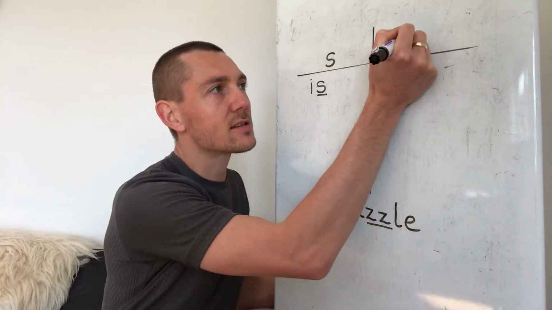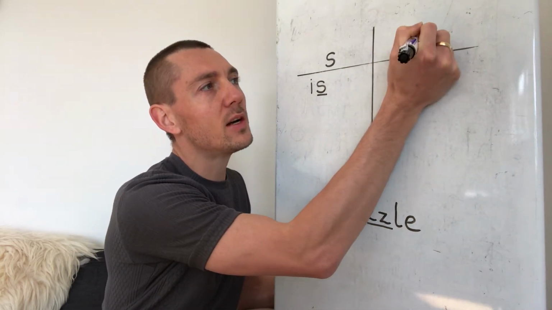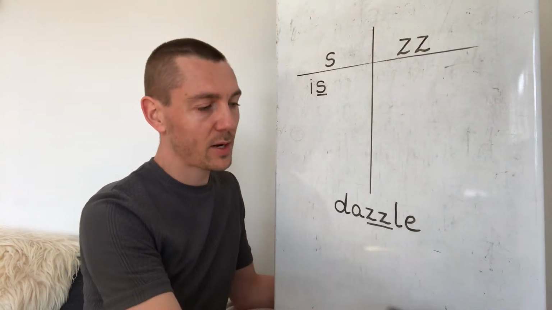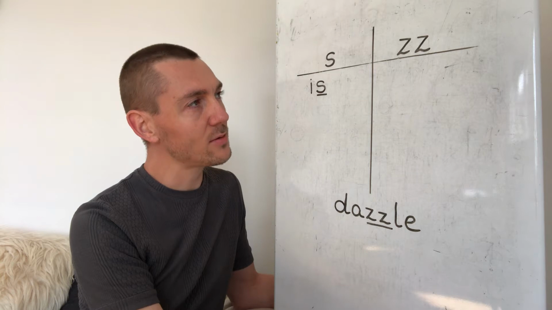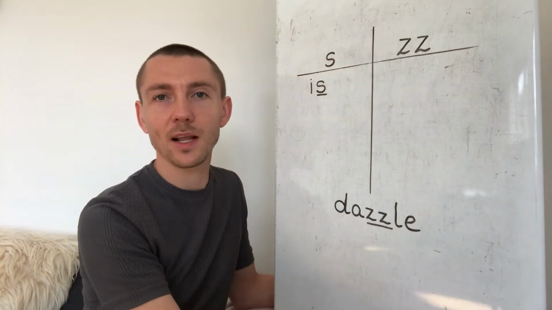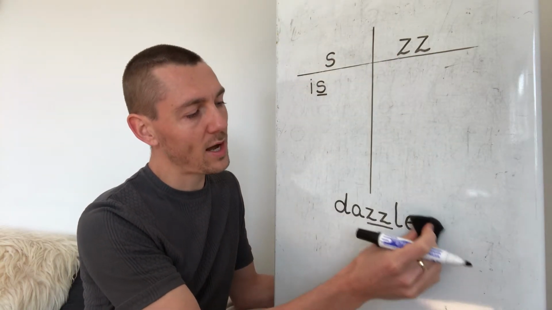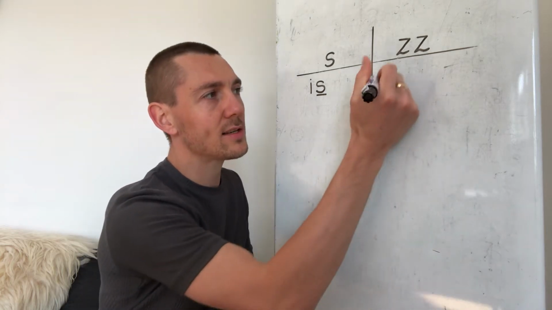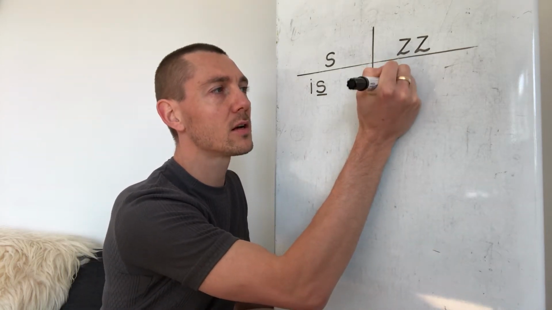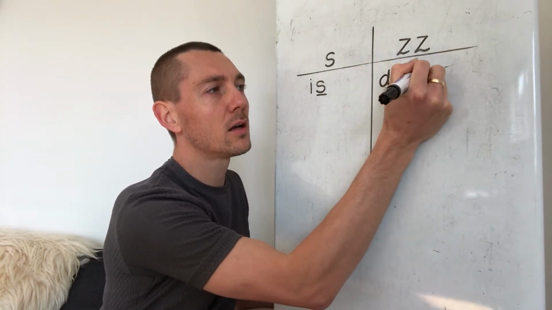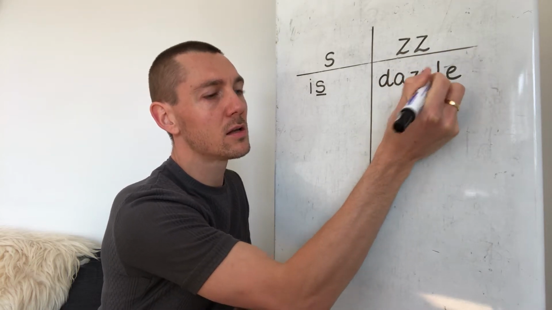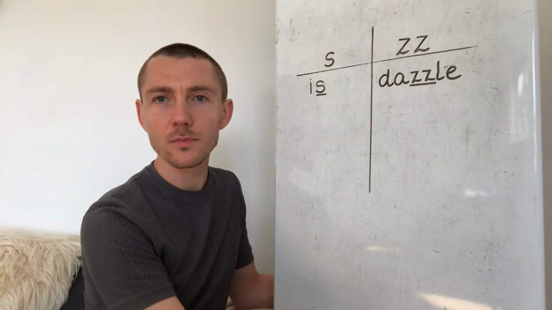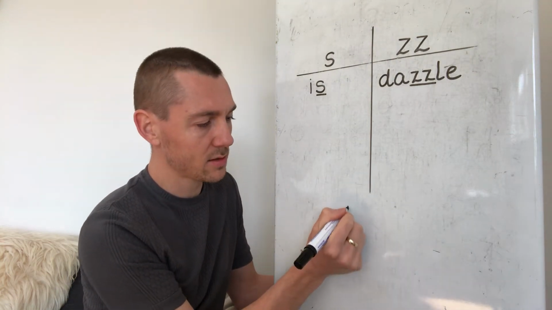So that's our second section. So for every word, we're just going to see if we can identify that Z sound spelling, because it's the same sound, but it's 2 different spellings. So think about where they occur in the word. Let's have a look. Dazzle. D, a, z, o. Dazzle.